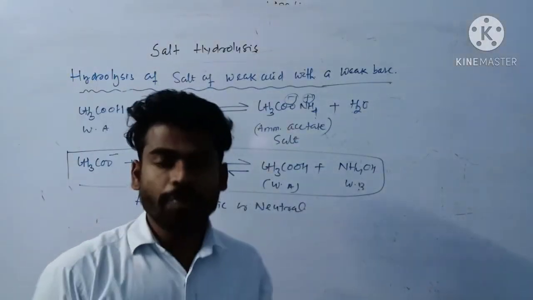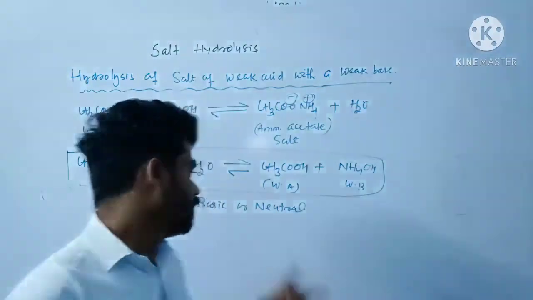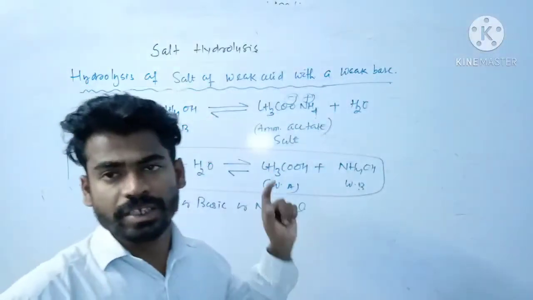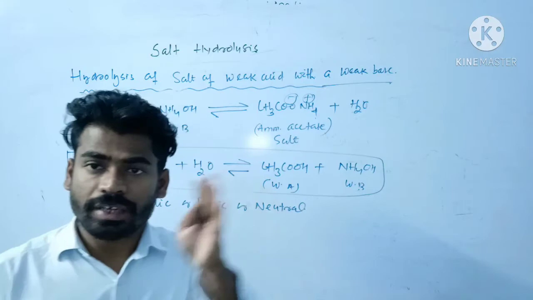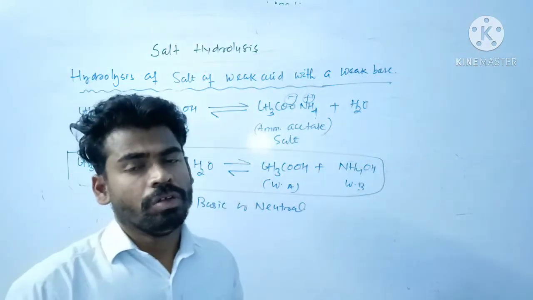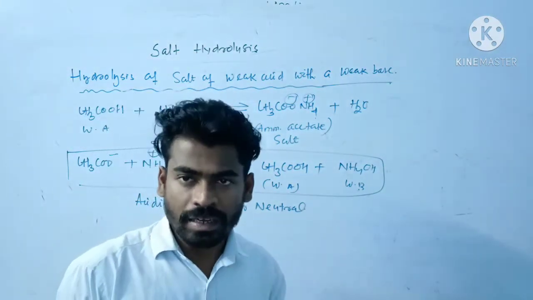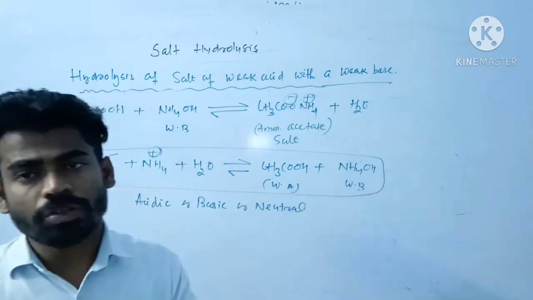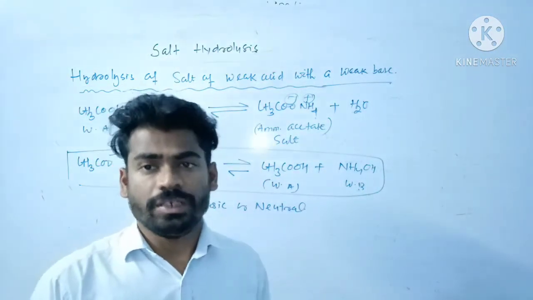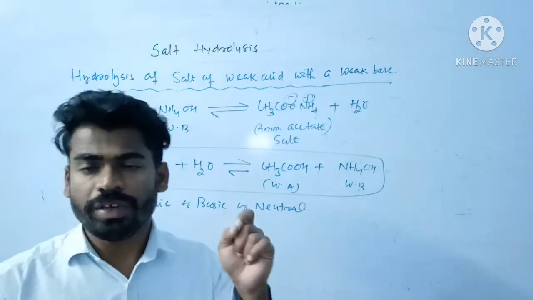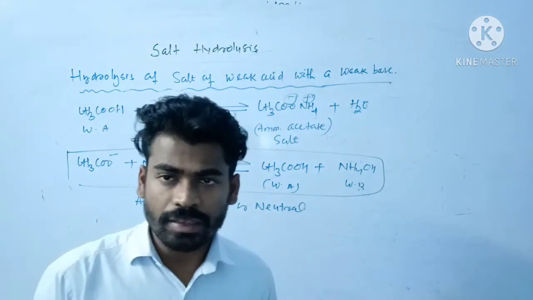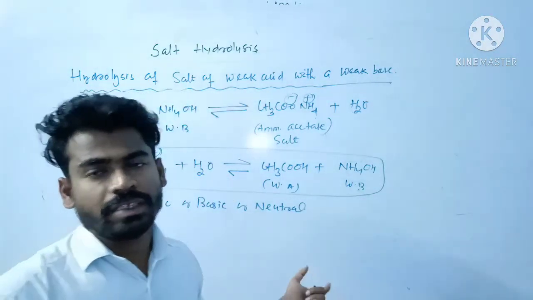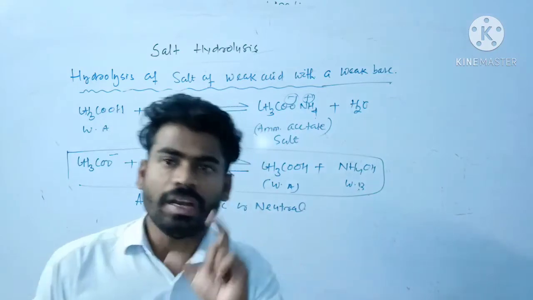If the strength of weak acid is more, then the final solution can be acidic in nature. If the strength of weak base is more, the final solution can be alkaline in nature. If both the weak components, that is weak acid and weak base, have the same strength, then the resultant solution is neutral in nature.